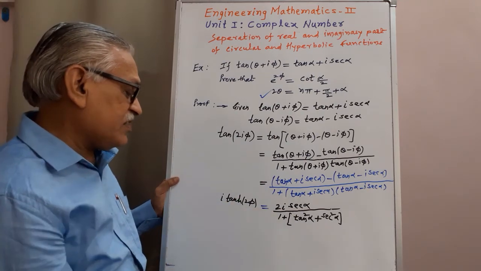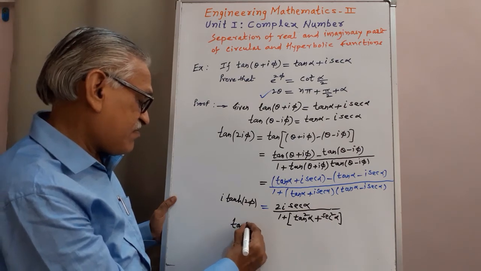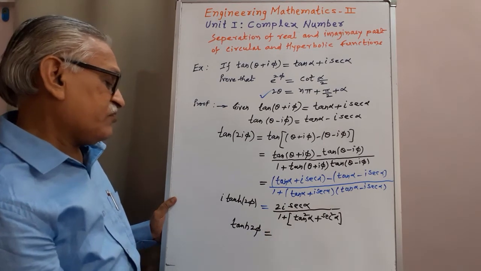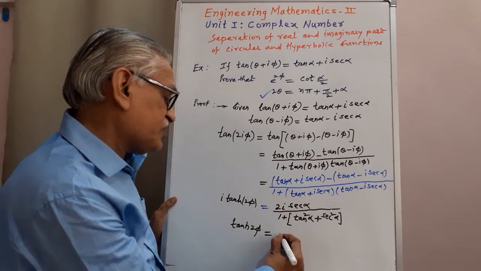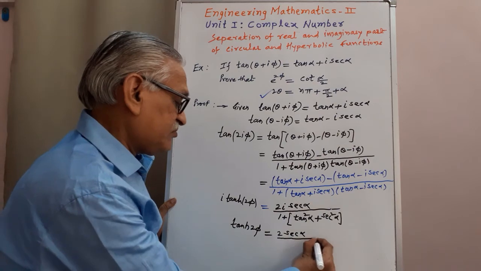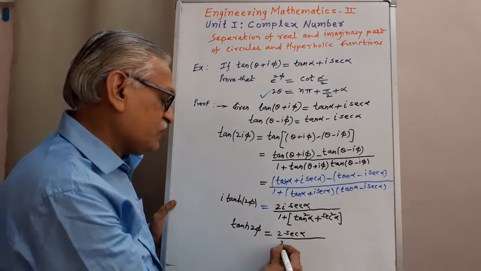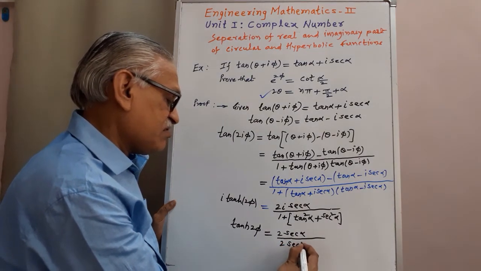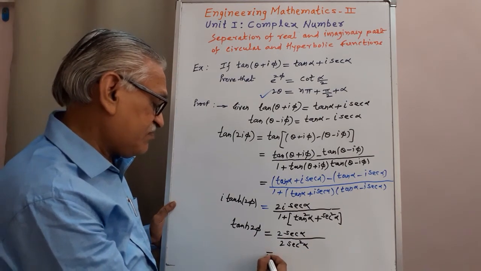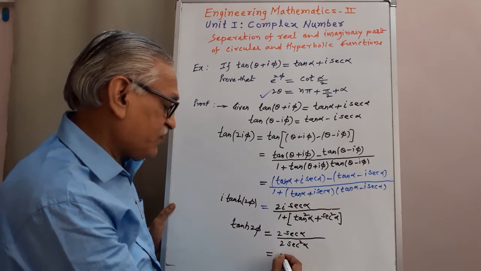So that this i gets cancelled, we get tan h 2 phi is equal to 2 secant alpha divided by 1 plus tan square, which is secant square, plus secant square, we get 2 times secant square alpha. 2 gets cancelled, 1 by secant alpha, and 1 by secant is nothing but cos of alpha.